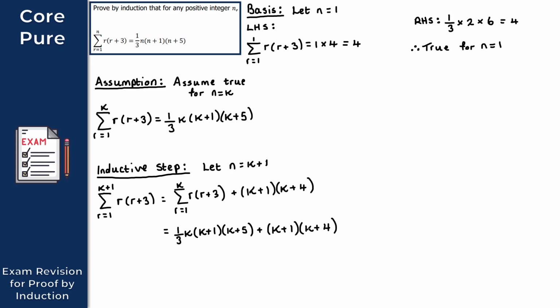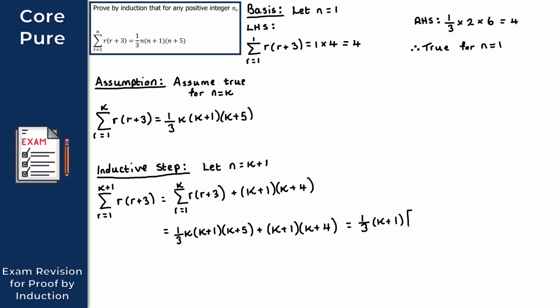So what can we do next? Well, I can factor out a 1 over 3 k plus 1. So if we factor out a 1 over 3 k plus 1, what do we get left over?